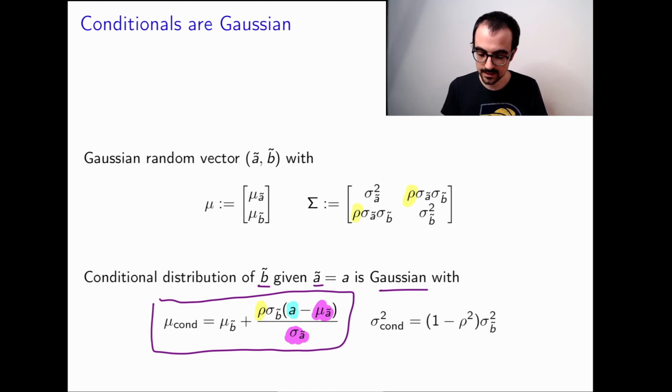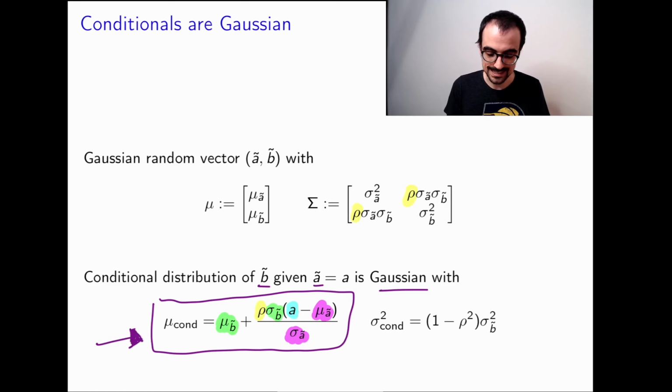And then finally, we multiply by the standard deviation of B and add the mean of B. So this is exactly the affine estimate that we have shown is the best linear estimator in terms of mean squared error.